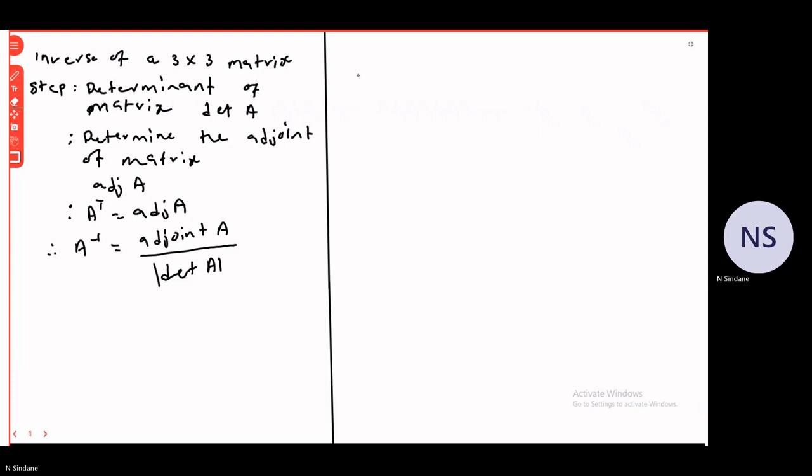So now, let's say you are given matrix A, which is equal to 1, 3, and minus 3, which is similar to the ones that we did when identifying the determinant. Then 5, minus 1 and 6, and then minus 2, 4 and minus 7.